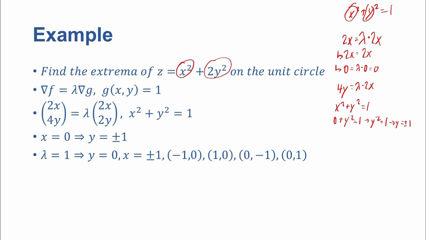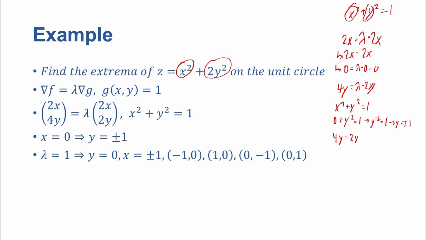Now we're going to also cover the case where lambda equals 1, because that's the other case that makes that equation make sense. In that case, we can plug that into our other equation, so we get 4y equals lambda, or 1, times 2y. So 4y equals 2y.